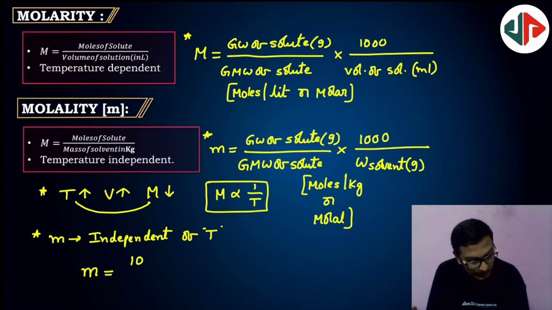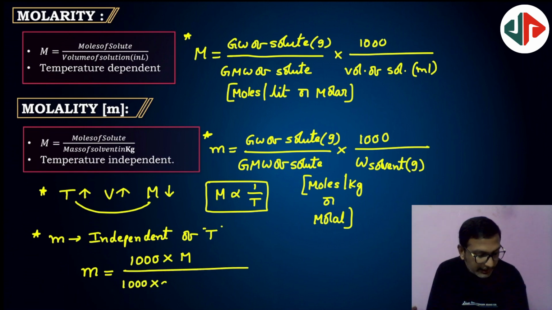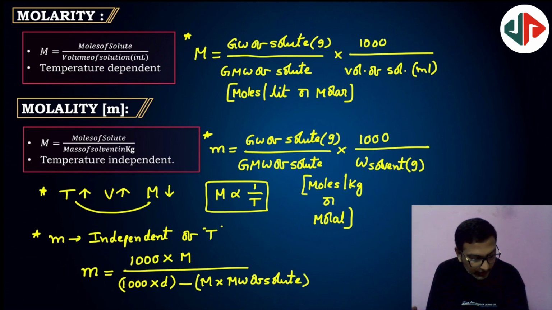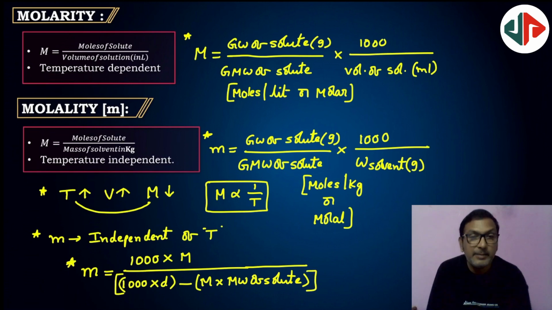Molality equals 1000 into molarity by 1000 into density minus molarity into molecular weight of solute. Many previous questions are there on this topic.